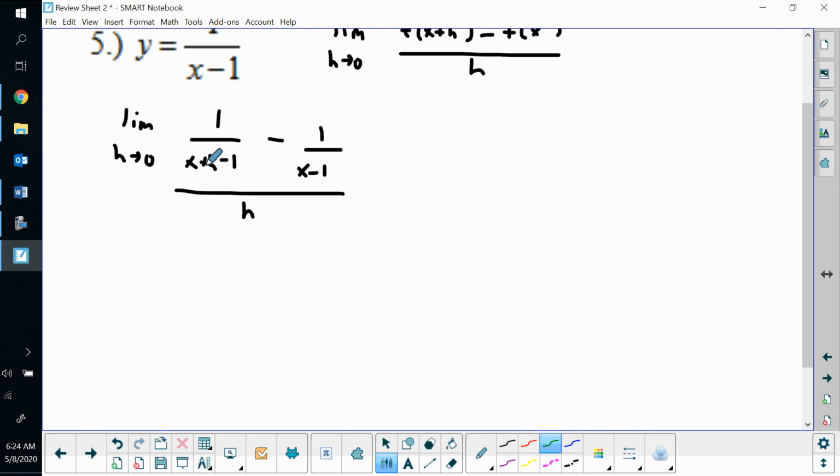And then once you have the limit set up, we just do it like our unit 2 evaluating limits. So in this one here, we're going to have to multiply by x minus 1, both top and bottom. And in this one here, we're going to have to multiply by x plus h minus 1, top and bottom.